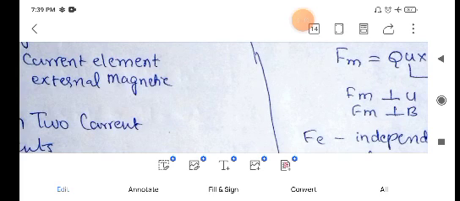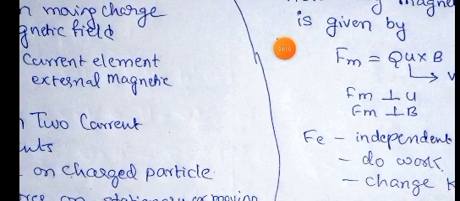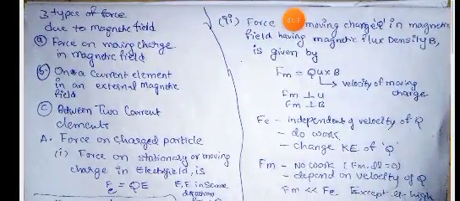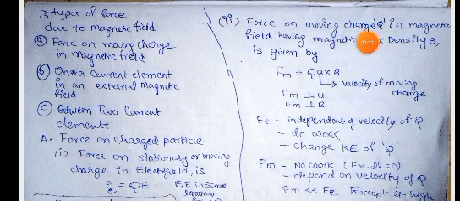Suppose the force on a moving charge Q in a magnetic field having magnetic flux density B is given by Fm is equal to Qu cross B. So Q is the charge of the charged particle, U is the velocity of the moving charged particle, and B is the magnetic field.